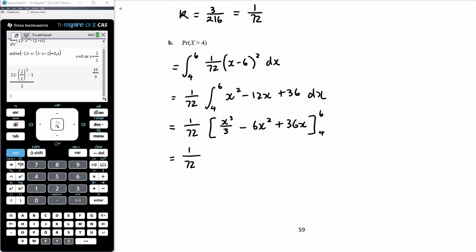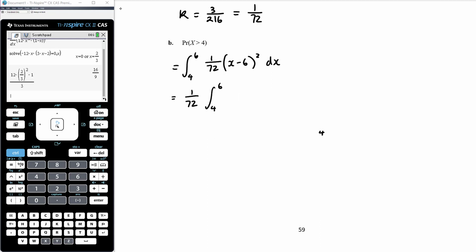So 1 on 72. Just thinking it might actually be easier to do the integral without expanding. I'm not going to have such nasty substitution with this big 36. Let me go back again. Rather than expand, (x minus 6) squared dx.